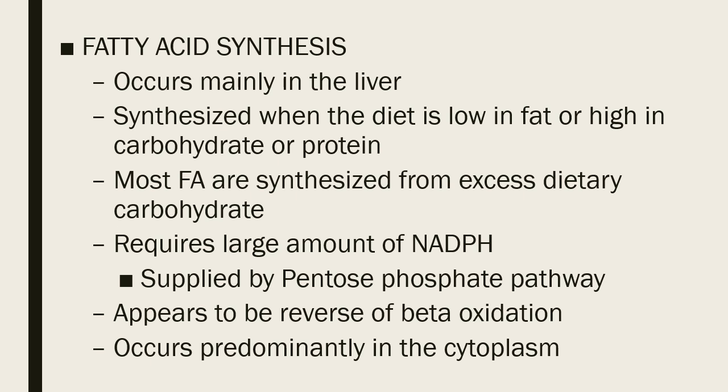as we said earlier. And so the first intermediate is malonyl coenzyme A. Fatty acid synthesis requires a large amount of NADPH, and the major supply of this NADPH is from your pentose phosphate pathway.